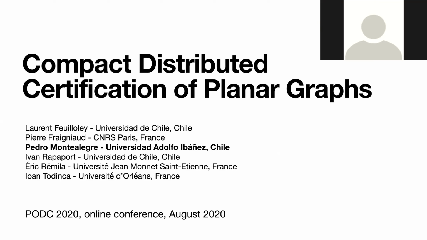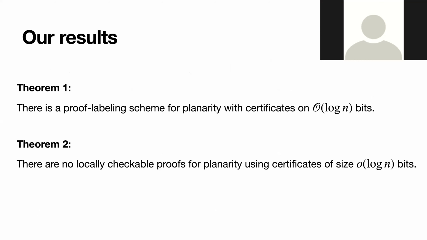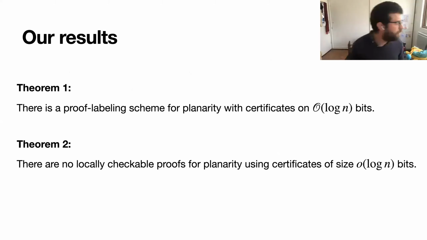Another question, if I may. Of course. I didn't get the last bit of what you said, but does it include all this class of graphs for which you prove the lower bound? Does it also include series parallel graphs? That's a good question.